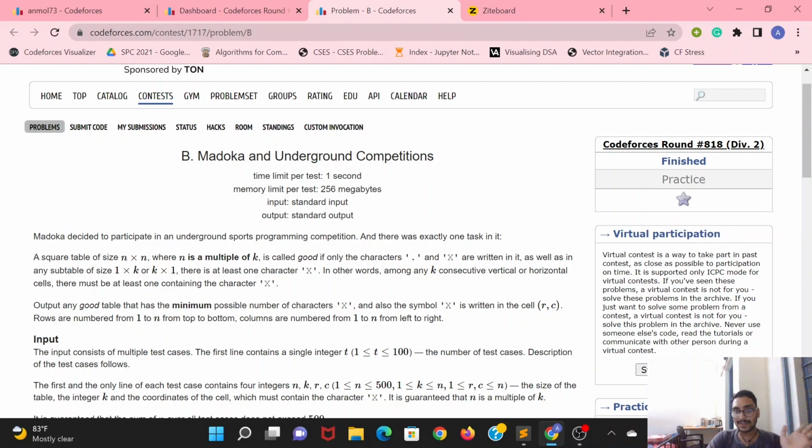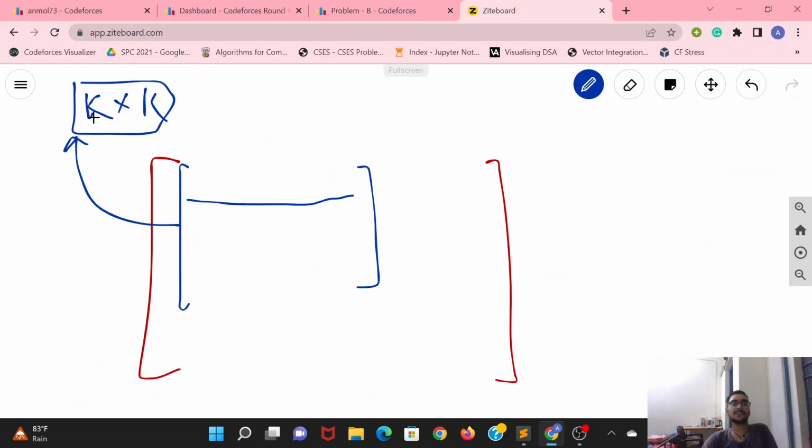Okay, so for time being, let us forget about this r comma c part. We'll come to this r comma c part later. But let us just try to find out, given an n, how do we get an ordering which has the minimum possible characters x, and this condition is satisfied? So suppose you take the first k by k matrix.